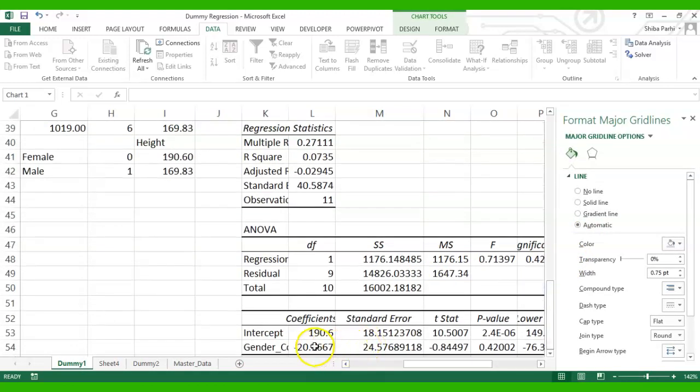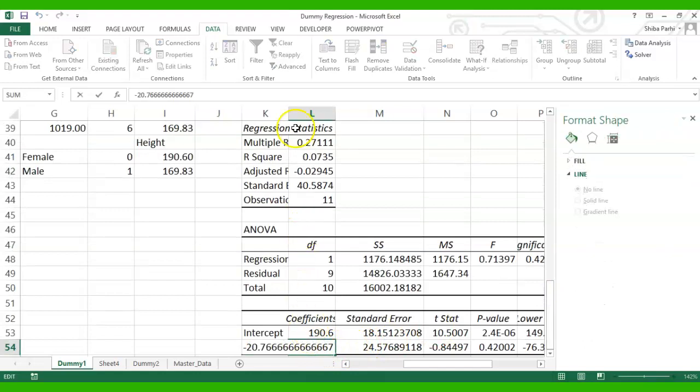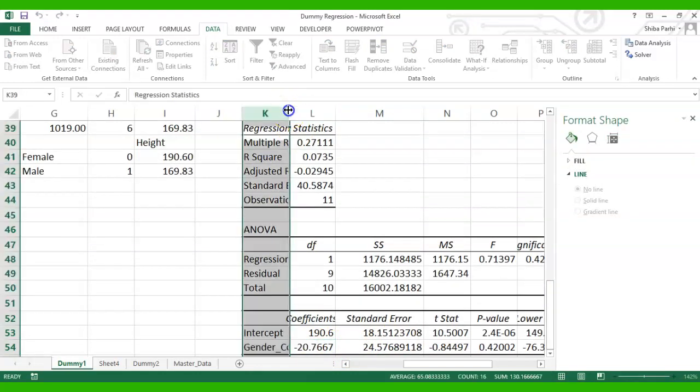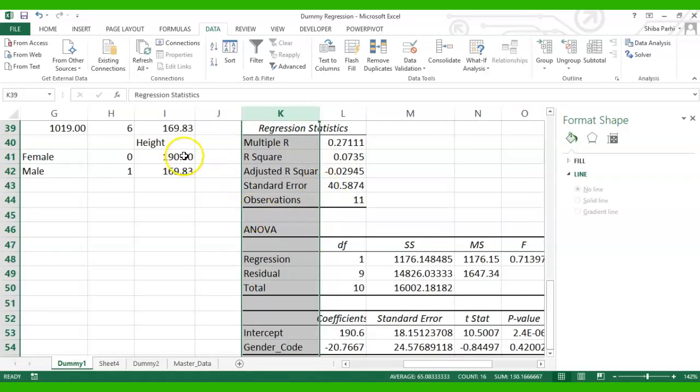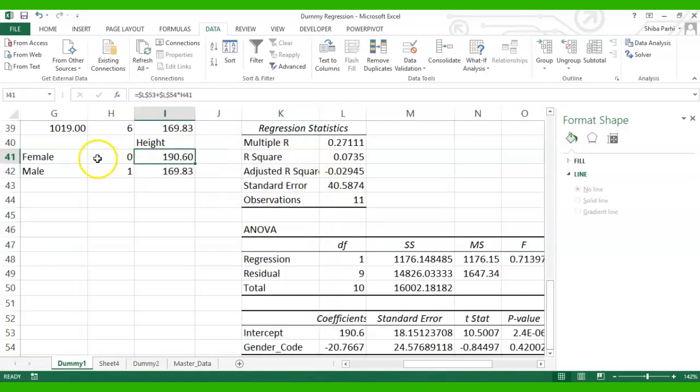In the first case also, the gender regression coefficient is nothing but the difference between the average height of the female and the average height of the male.